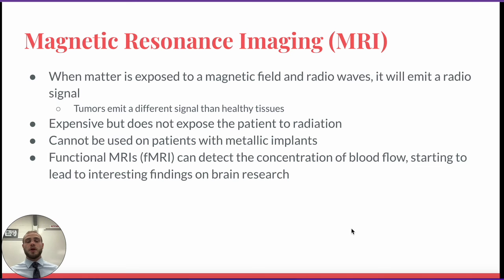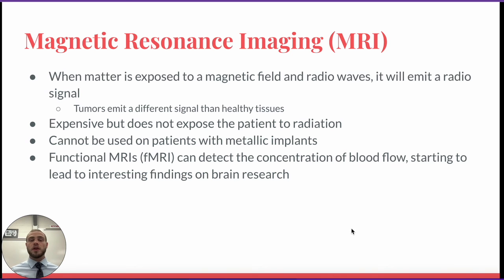A version of MRIs known as functional MRIs, or fMRIs, are really cool because they can detect the concentration of blood flow in a system. And what we can do with that, especially in today's research, is look at blood flow within the brain.